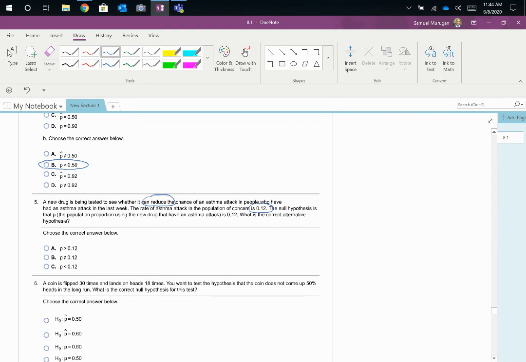The null hypothesis p, the population proportion using this drug, notice not the sample statistic, but the population, is 12%. What is the correct alternative hypothesis? So we're trying to reduce, so the correct alternative hypothesis is that p would be less than 12%.